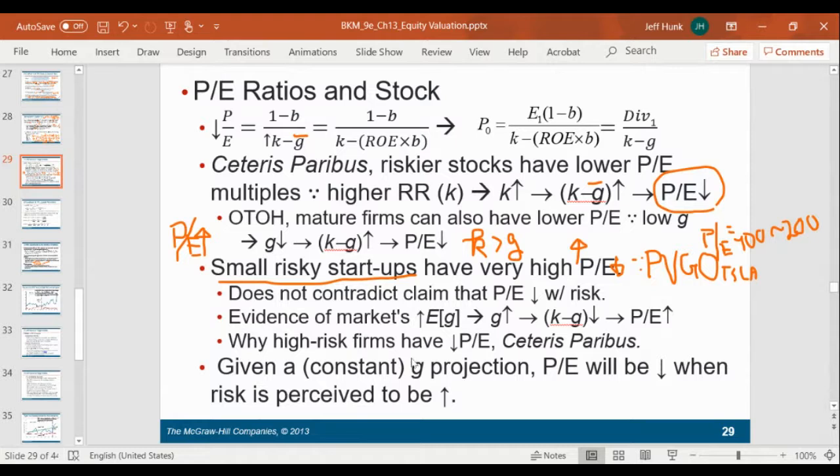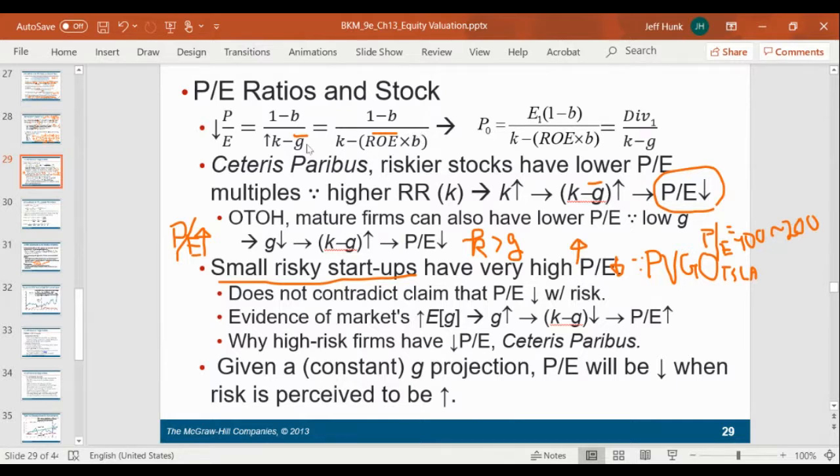So why do high risk firms have low price earnings ratio? That was explained here. Ceteris paribus, everything else is held the same. B being held, ROE being held the same, plowback ratio being the same.